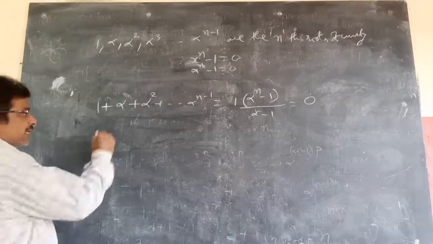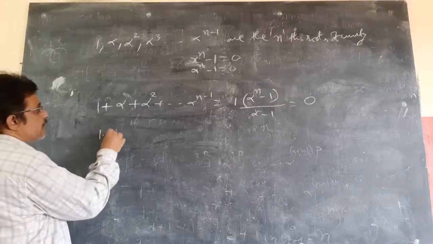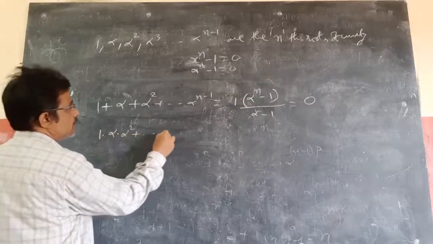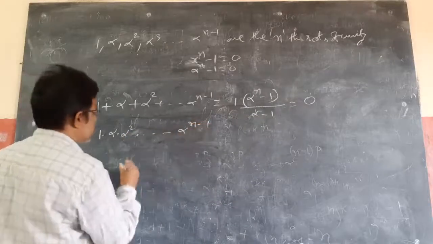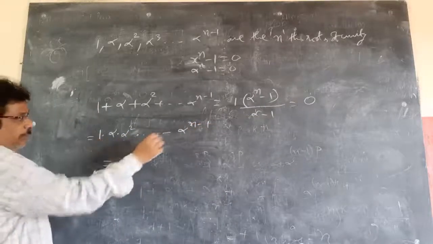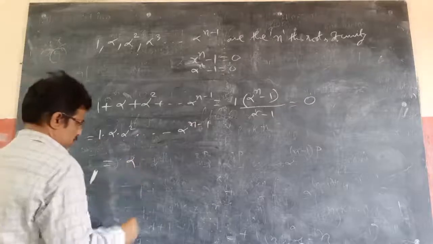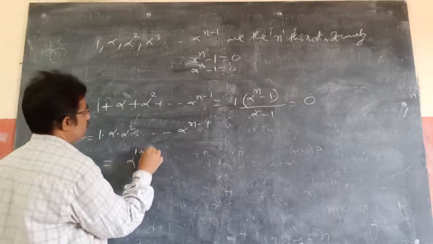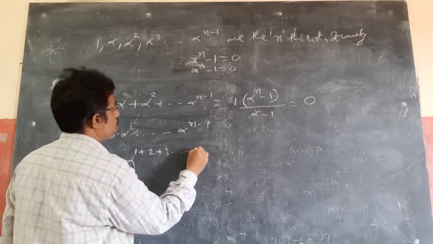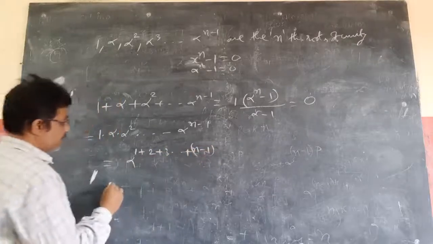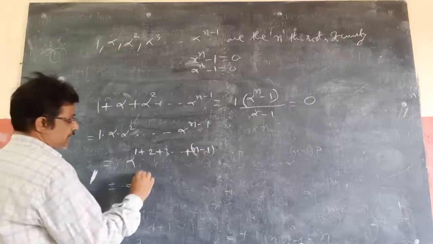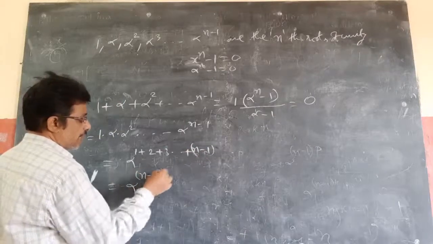Next, the product of nth roots of unity: 1 into alpha into alpha square and so on alpha power n minus 1. Bases being equal, powers can be added: alpha power 1 plus 2 plus 3 and so on n minus 1. The sum of n minus 1 natural numbers is n into (n minus 1) by 2.